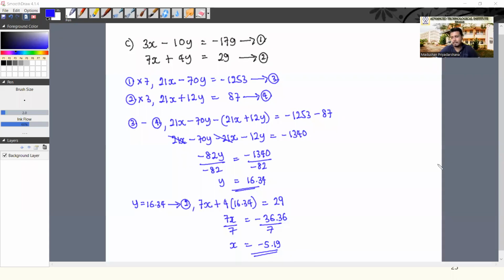Correct. Have others also got the same answers? Minus 5.19 or minus 5.2, and 16.3, no issue. If you have followed the correct procedure, then no issue. Your answer will be marked as correct.